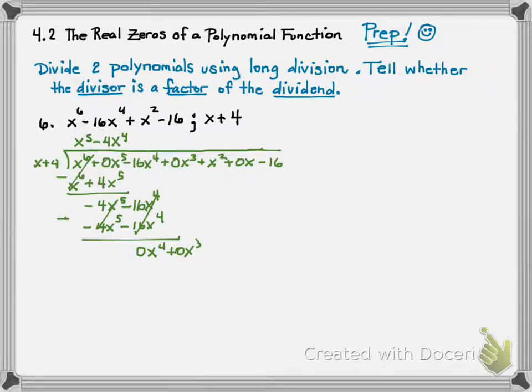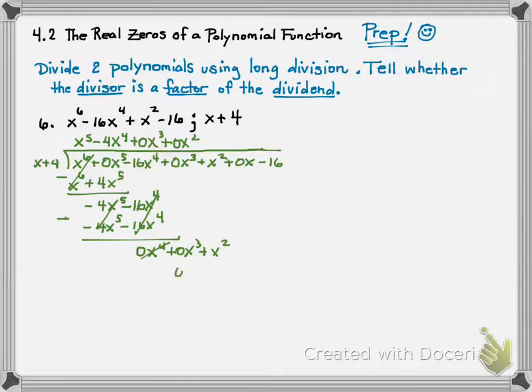That way we have something next to it. But since we have 0x to the 4th, I can, if I want to, put a plus 0x cubed here, right? And x times the 0x cubed gives me 0x to the 4th. Since I have 0x cubed, you could bring down that plus x squared if you like, and I could multiply x times 0x squared.